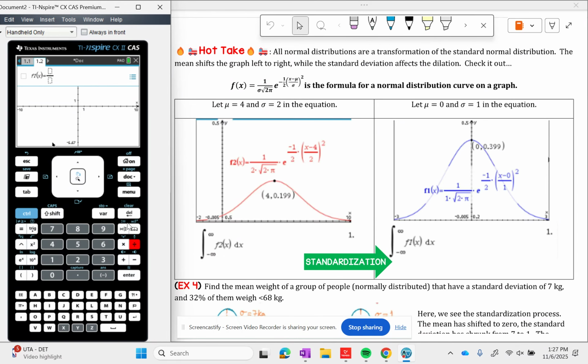I know that I'm working with the standard normal distribution right now. So what am I going to put in where the standard deviation was? This is going to be a 1 when I type it in. And then this is going to be a 1. And then this is going to be a 0. Okay?